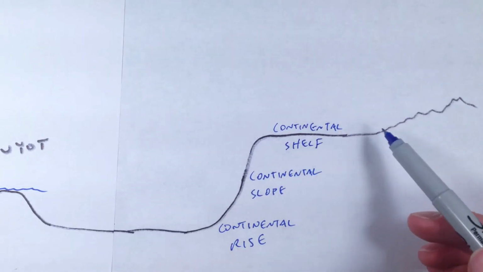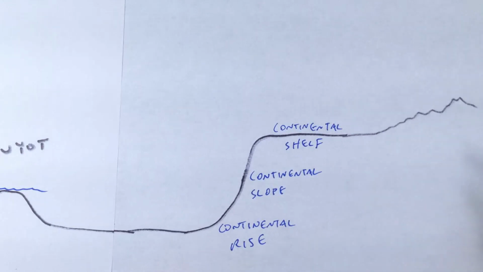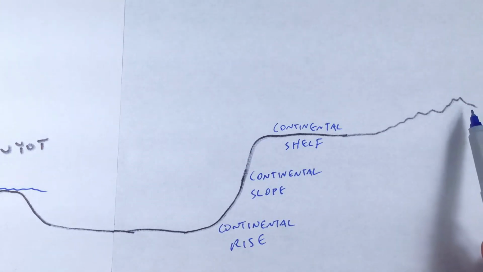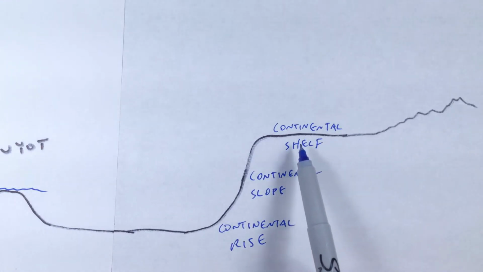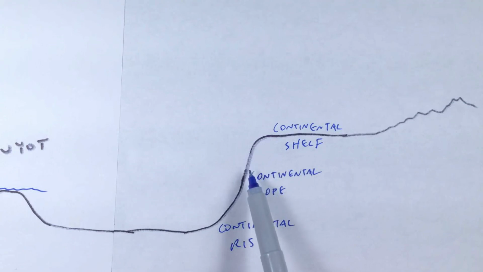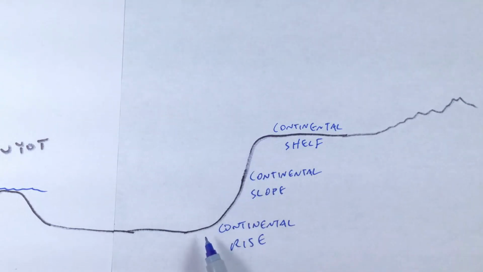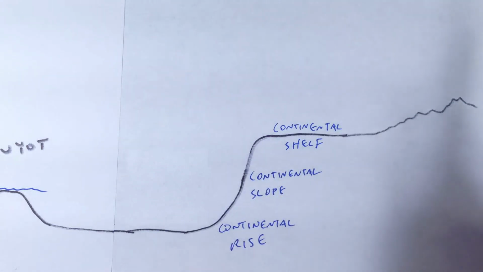And then, of course, we just have the beach, and then there's the next continent. So, rain falls on the continent, rivers wash sediments down. Sediments end up on the continental shelf, but currents carry it down the continental slope. They form the Continental Rise, and they end up all over the Abyssal Plains.